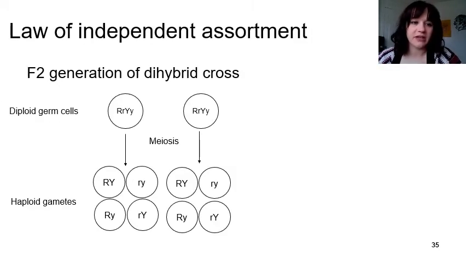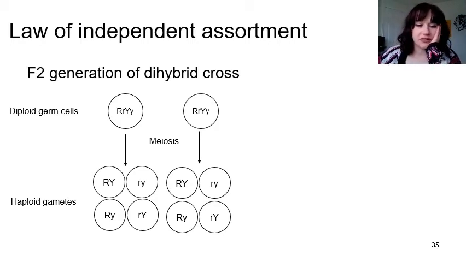So how does this relate to the law of independent assortment? So you've learned how to do a dihybrid cross, so great. Again, this is what happens for formation of the F2 generation. When the F1 generation undergoes meiosis, we've got all these different combinations of alleles that can be put together.